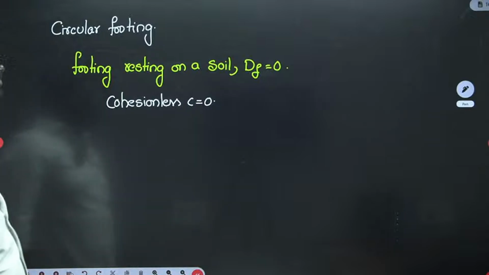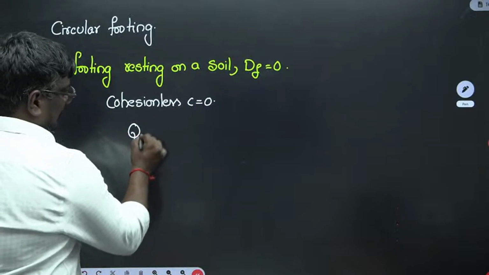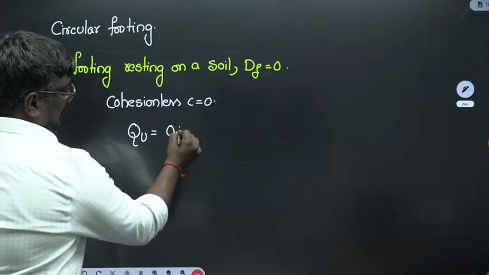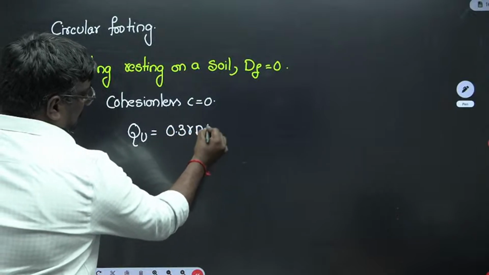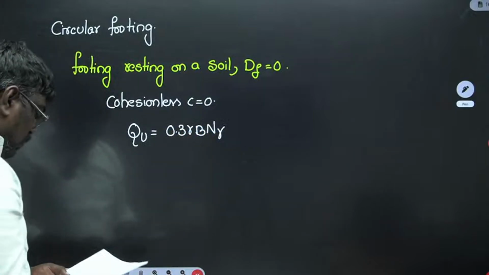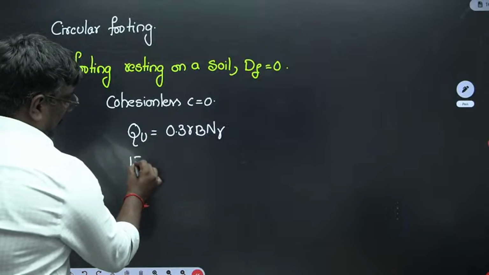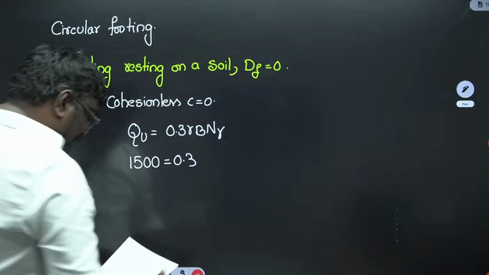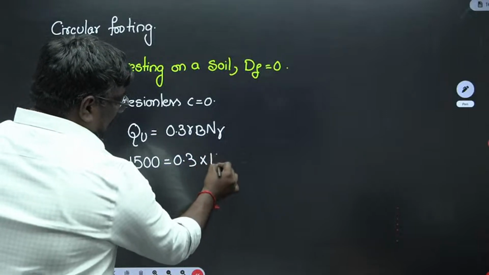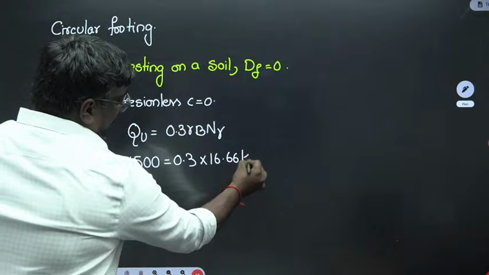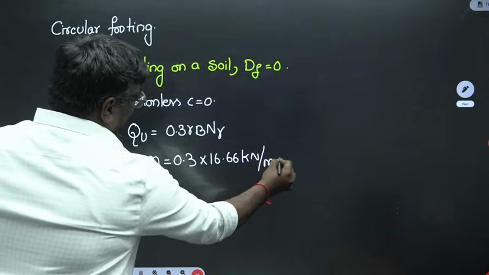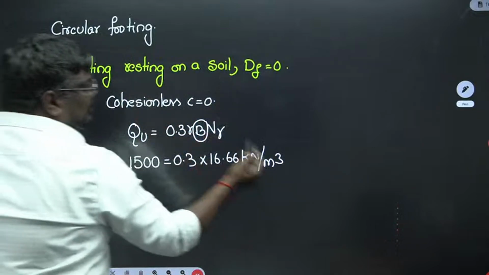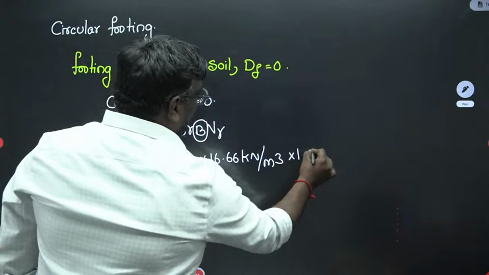Now, what will be the ultimate load for a circular footing? It is 0.3 gamma B N gamma. They have given the ultimate load as 1500 kilonewton per meter square, equal to 0.3 into gamma, which is given as 16.66 kilonewton per meter cube, and width, which is the diameter of the footing, 1 meter, into N gamma.